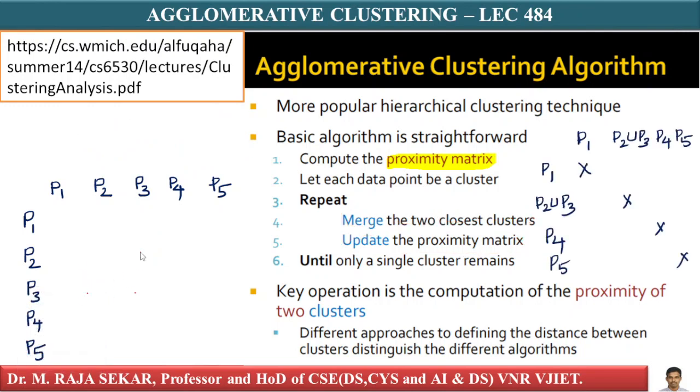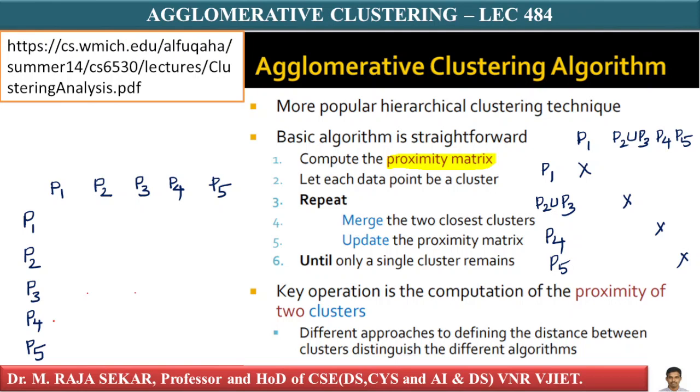Now the proximity matrix must be updated. Just see, p2, p3 become a cluster. You need not bother about the values of the principal diagonal, because cluster to itself, the value is 0. You have to take care of only off diagonal elements.